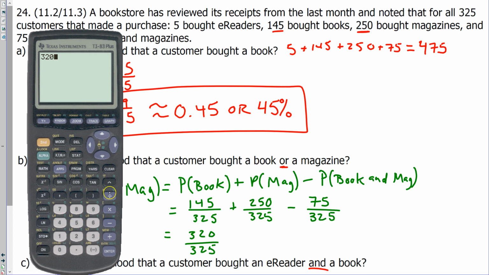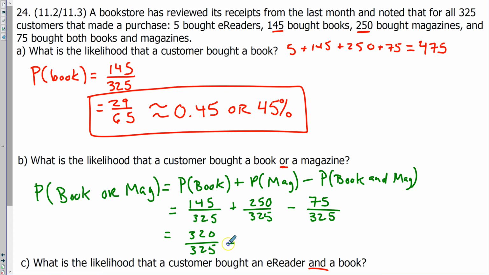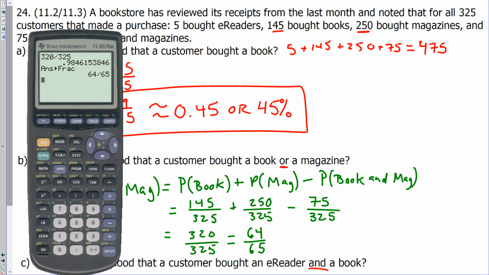You can definitely reduce it in your calculator because this is a large fractional value, which is not the easiest thing to reduce by hand. So use your calculator and the appropriate keys to reduce it. Oops, 64 out of 65 rather. The decimal was 0.98 or 98%.